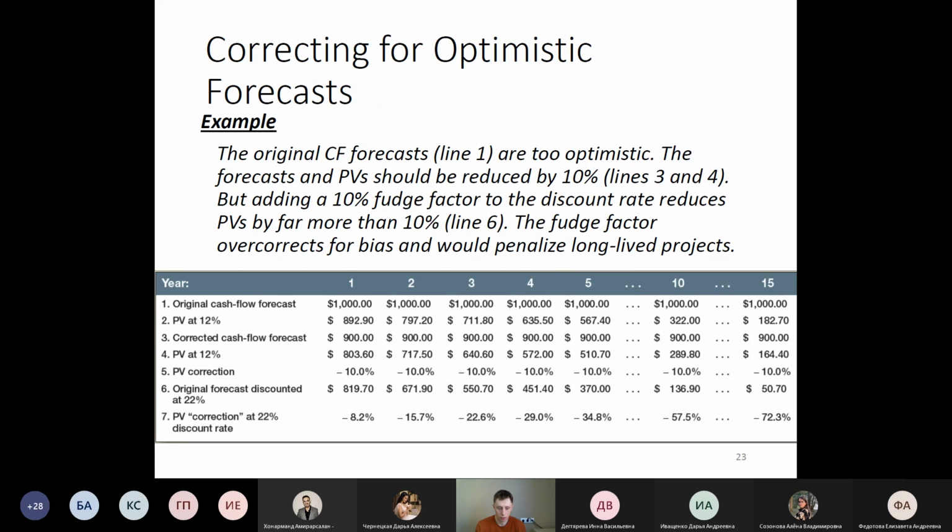And that is why, if possible, it's better to consider the risk in the cash flows rather than in the discount rate. But it is not always possible. So mostly for systemic risks, we have to make the correction in the discount rate, but we do it classically, using the capital asset pricing model, and then adjust it for the cost of capital of the whole firm.